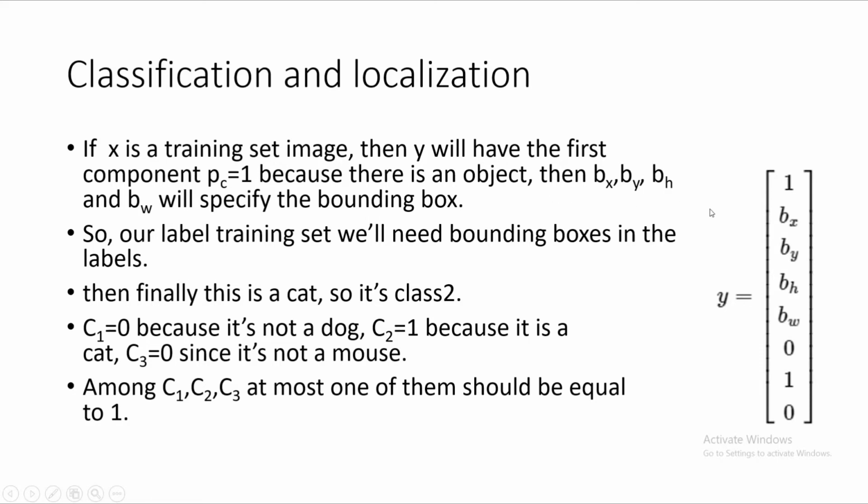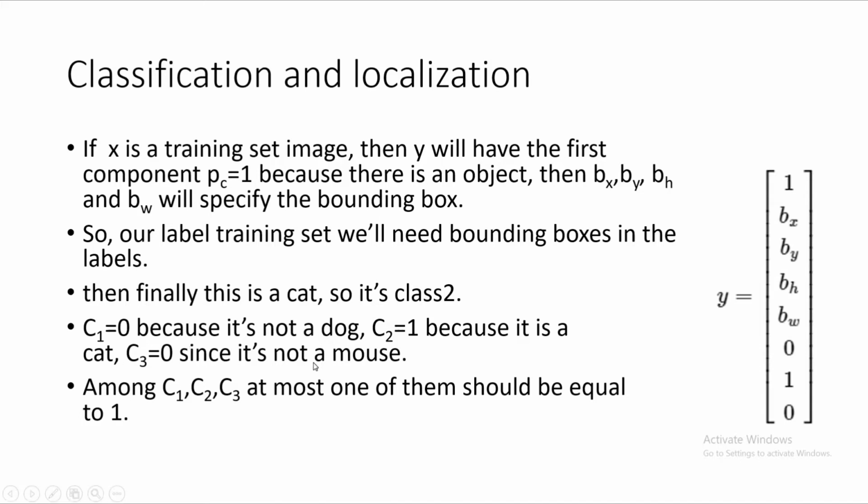So our training set will need bounding boxes in the labels. Finally, this is a cat, so it's class 2. Here C1 is equal to 0 because it's not a dog. We use C1 for specifying the dog, C2 is equal to 1 because it's a cat, and C3 is equal to 0 because it's not a mouse.